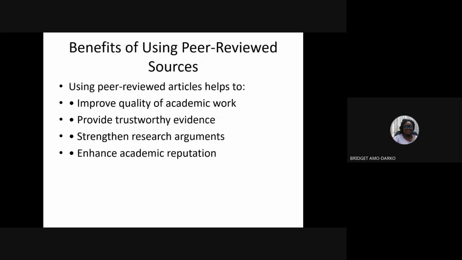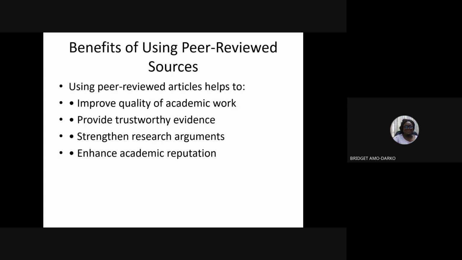Benefits of using peer-reviewed sources. Using peer-reviewed articles helps improve the quality of academic work. Before we proceed, when we say peer-reviewed articles, they are articles that have been submitted to a journal, and this manuscript has gone through all the review processes, and it has been screened, and it has passed for publication.